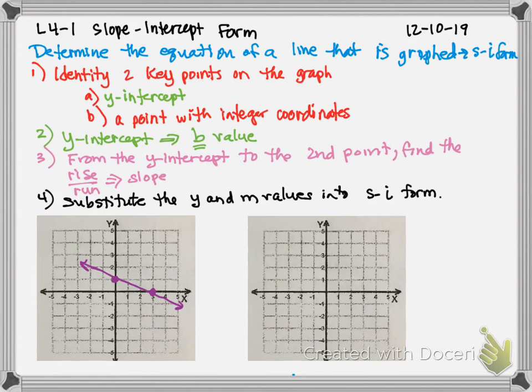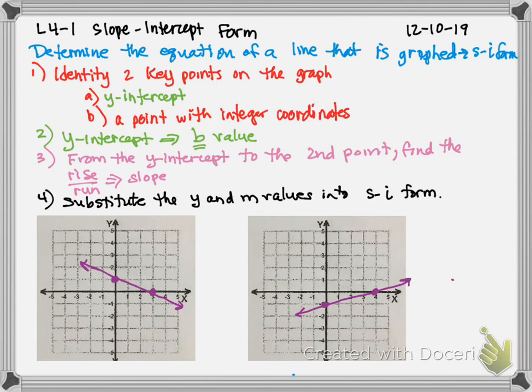Okay. And then on the other one, we're going to go to 0, -1 for our y-intercept. And we're going to go to 4, 1 as the second point, and then connect them. So these would be graphs that would be given to us.